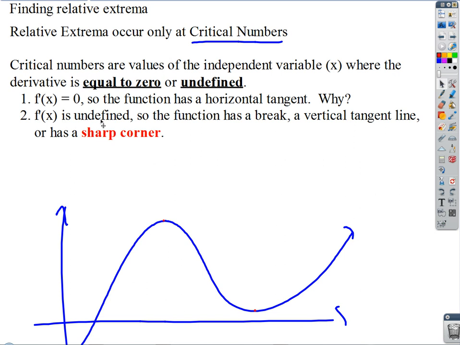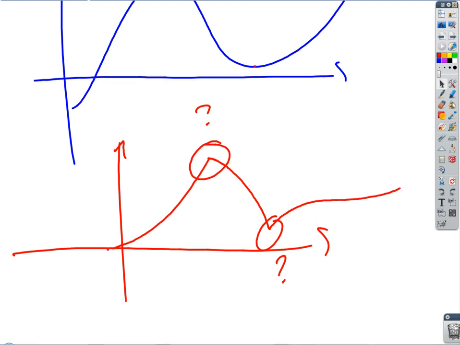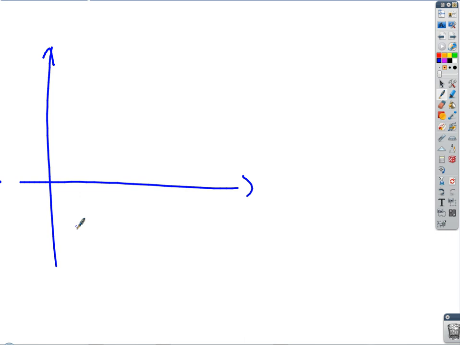Now there could be false alarms. We could have places on a function where the first derivative is 0, but it's not a peak. Anyone want to try to draw one? Brave souls. How about something like this?